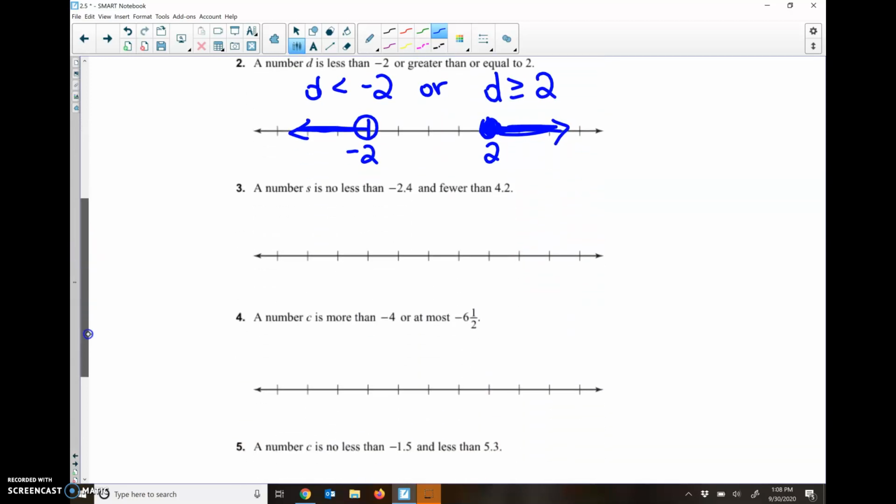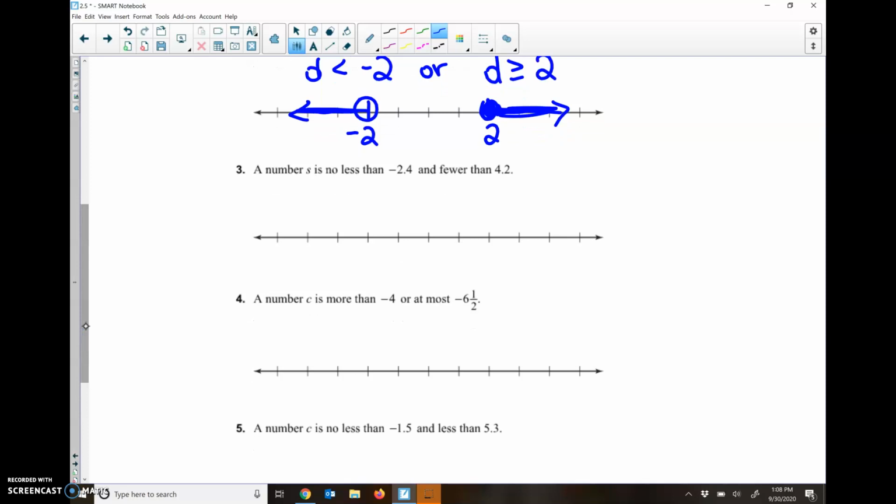All right. Let's look at a couple more here. So number 3, a number S is no less than 2.4. So that really means it has to be bigger than -2.4 and fewer than 4.2. Okay, so I have -2.4.